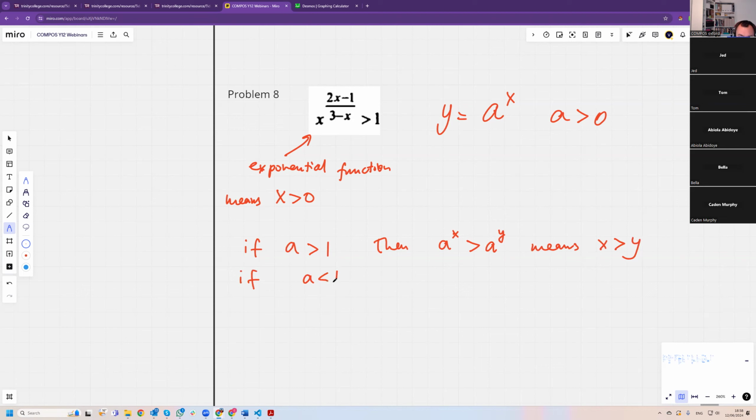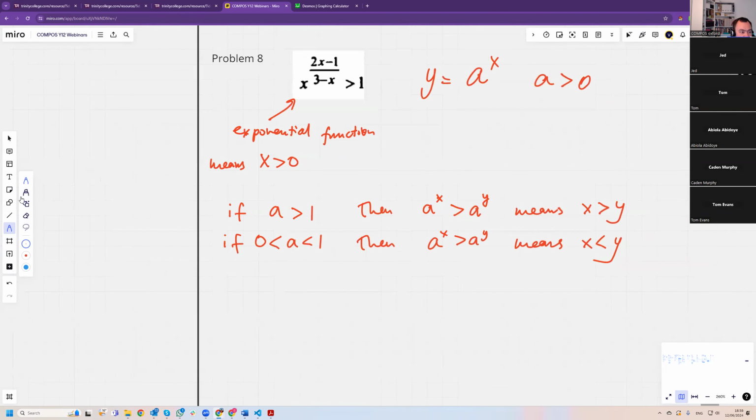If a is less than 1 but greater than 0, then a to the power x greater than a to the power y means that x is less than y. And that makes sense because if you have 1/3, for example, a number less than 1, the bigger the power, the smaller the number. And if the base is more than 1, the bigger the power, the bigger the number.